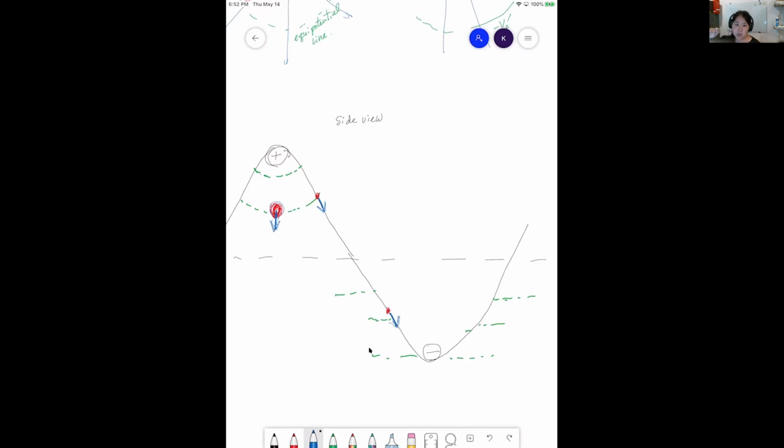So potential energy increases as you have bigger charges come by at this location, but the altitude is just created by virtue of this big Q or this negative Q.